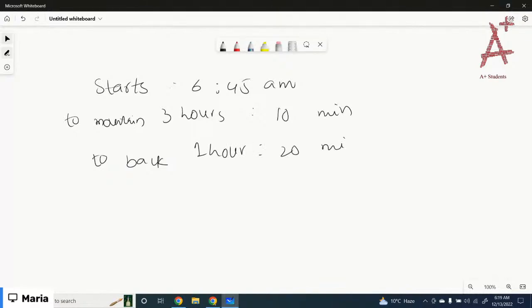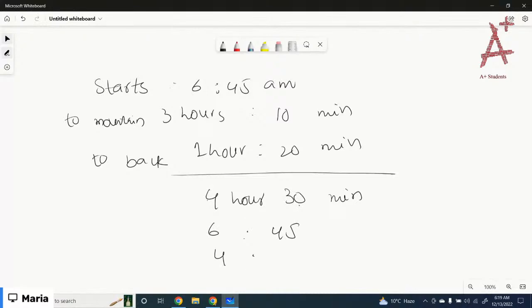The time required to go to the mountain and to go back. It would be 4 hours and 30 minutes. Add 4 hours 30 minutes to 6:45 a.m. Got it? So 6 and 4 makes 10, but here you have 30 minutes.